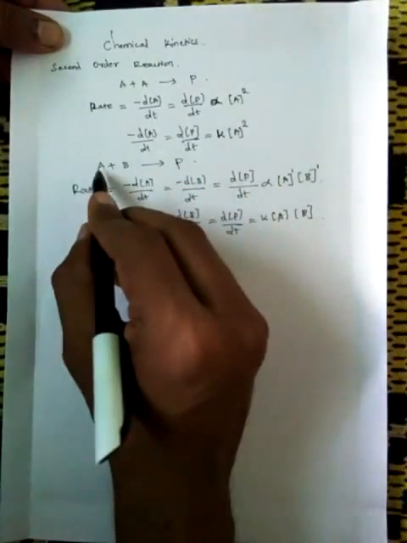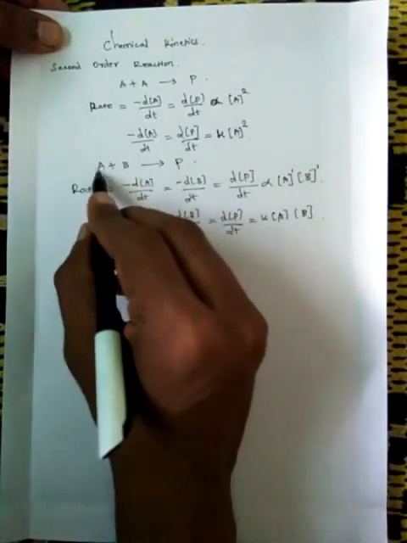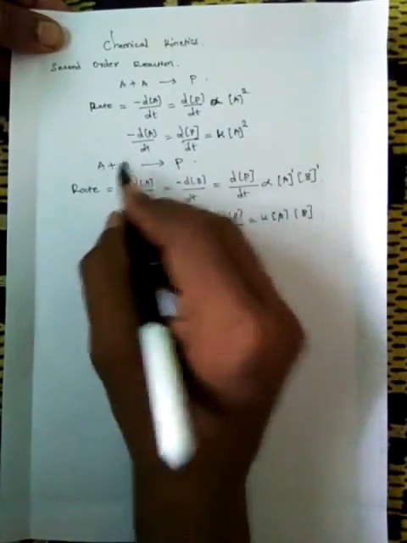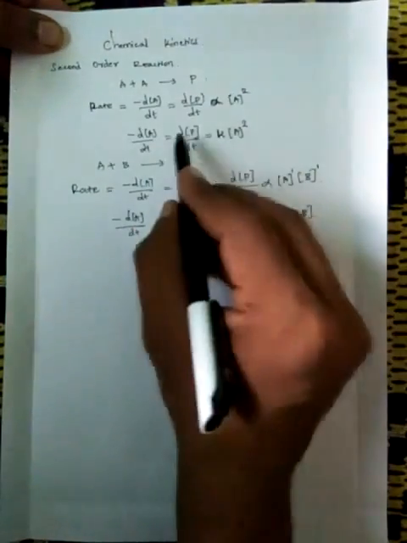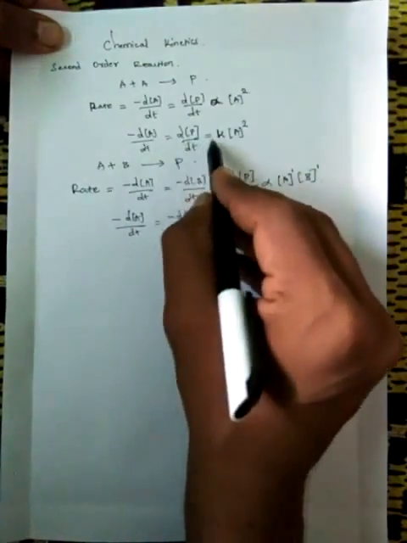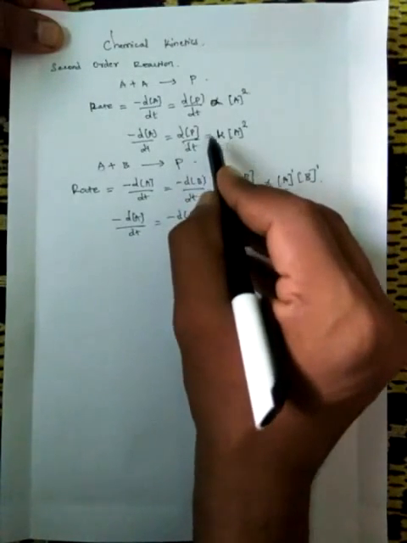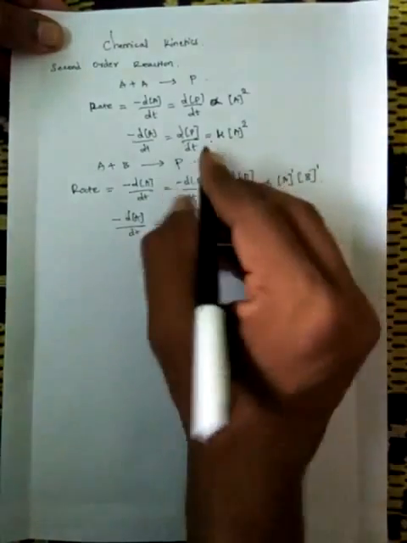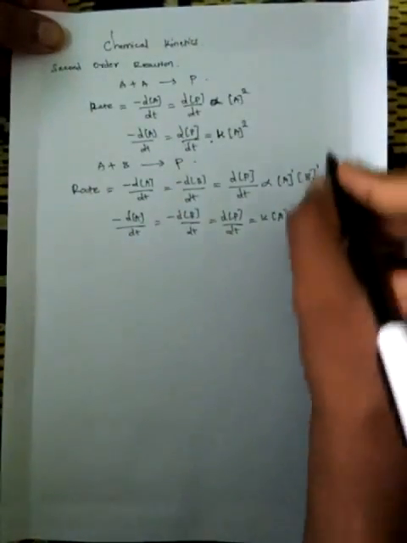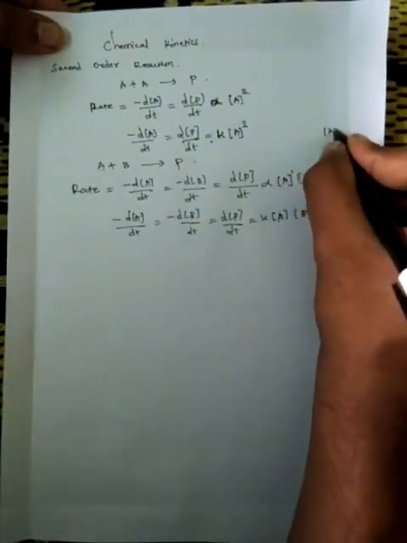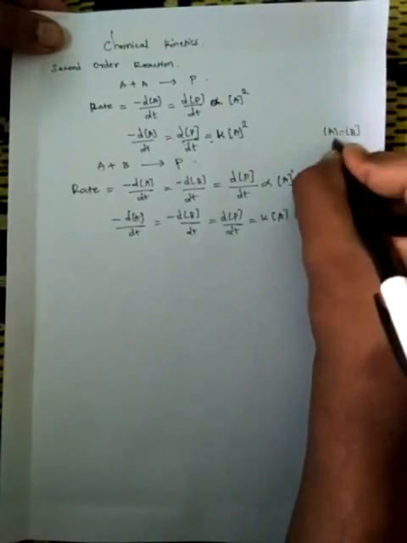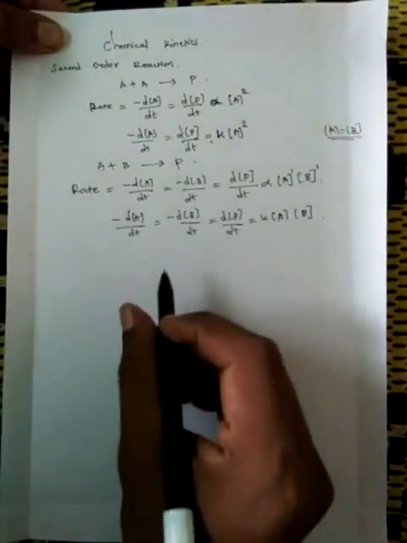When the concentration of A and B taken for the reaction is same, then you have to write this rate equation, because the concentration of A and the concentration of B will be same.